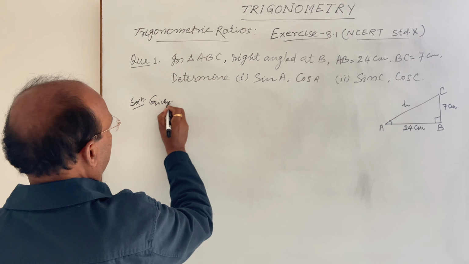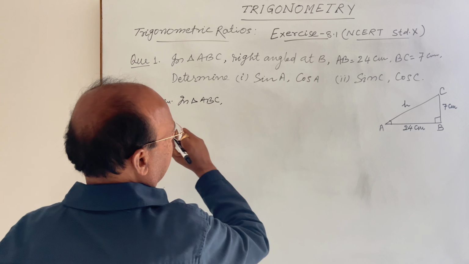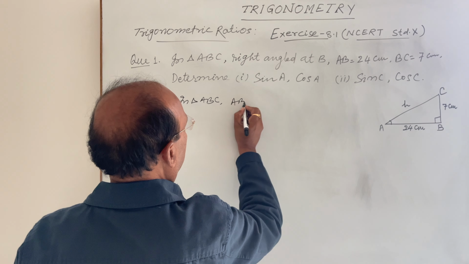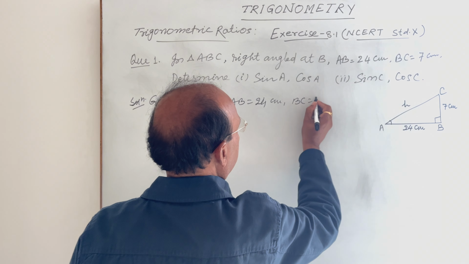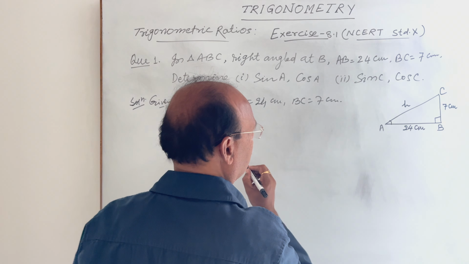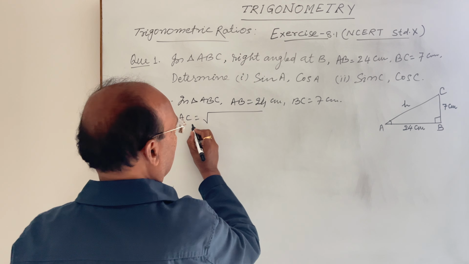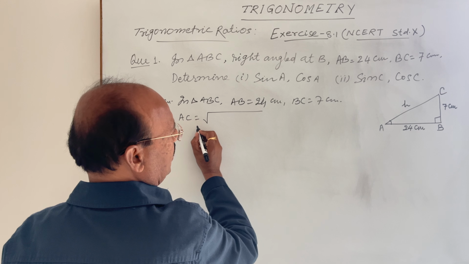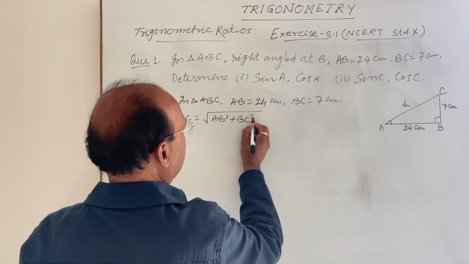First, see what is given. In triangle ABC, which is a right angle triangle, AB is equal to 24 centimeter and BC is equal to 7 centimeter. So let us find out AC. With Pythagoras theorem, AC is square root of AB square plus BC square.